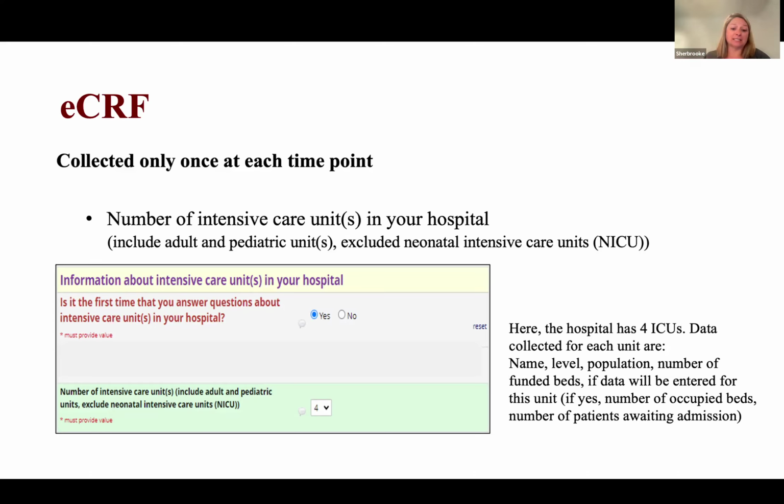And if they don't collect data in one of these ICUs, they will have to provide a reason. And as soon as you say that you collect data in one ICU, all the patients in this ICU must be collected. It's 100% of these patients.